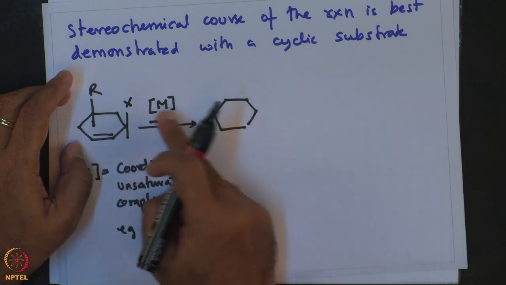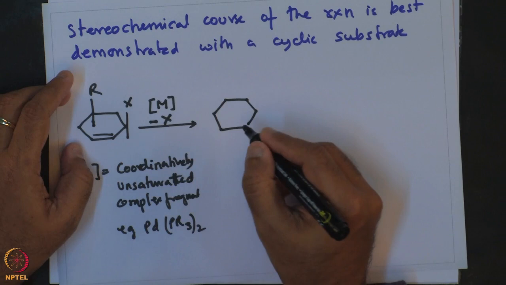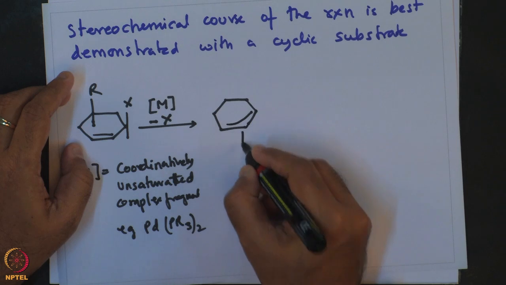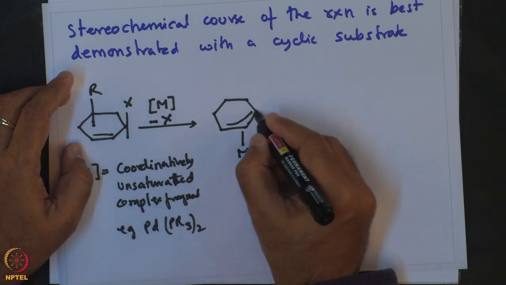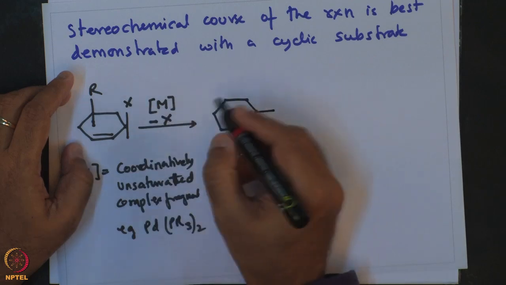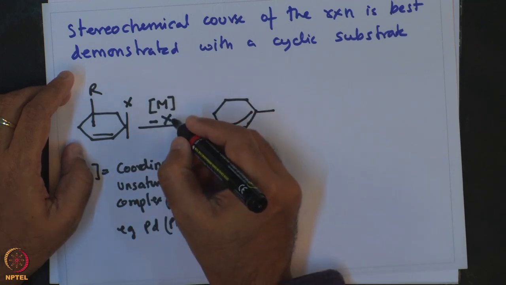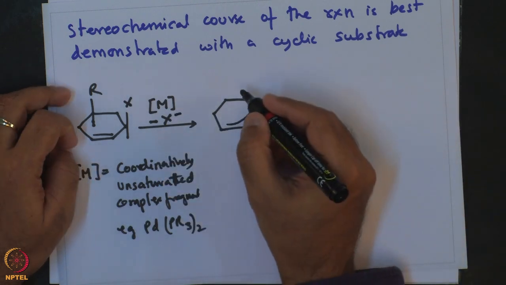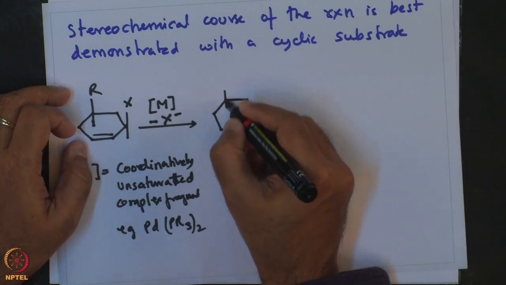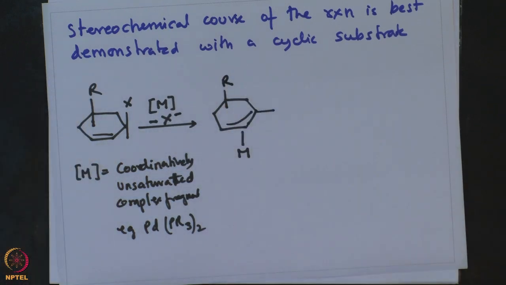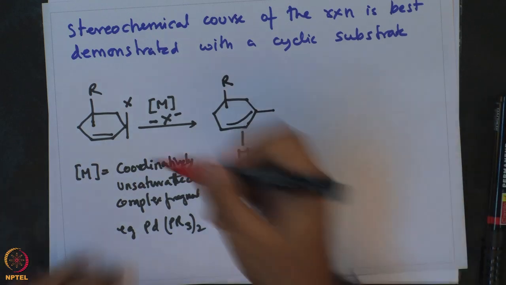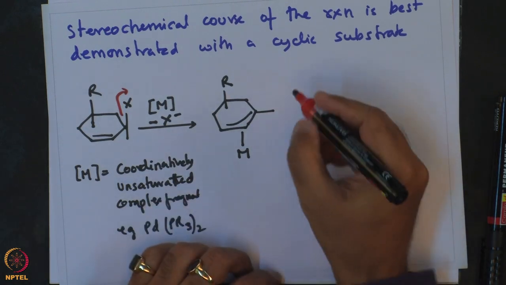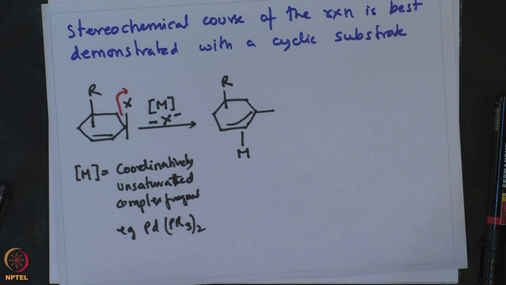So, the X leaves giving rise to this allylic metal complex of the type this, and this may be illustrated by now to this.